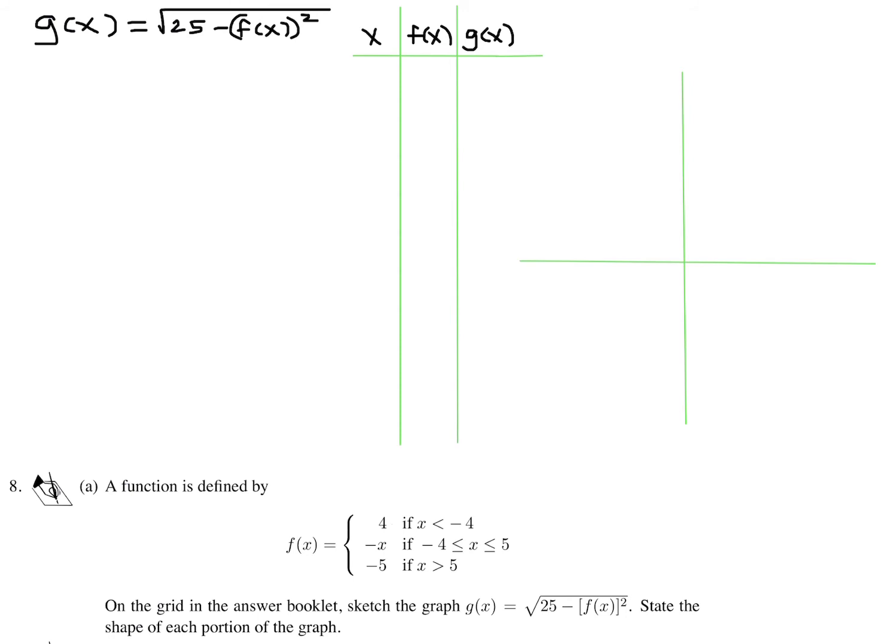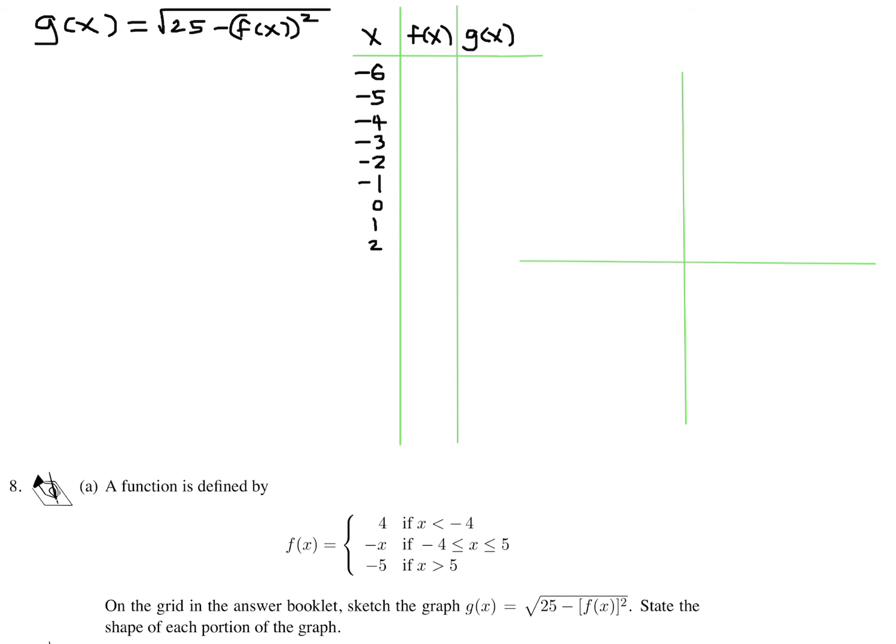So I think all I really need to do is put in a couple of values just to get an idea of what that graph will be like when x is less than -4. And then -4 all the way to positive 5, I'll just put in the integer values. I think that should be sufficient to draw this graph.